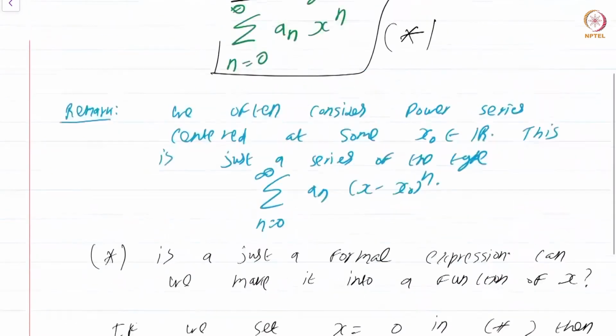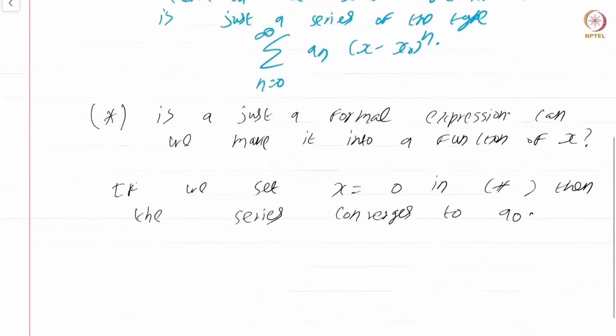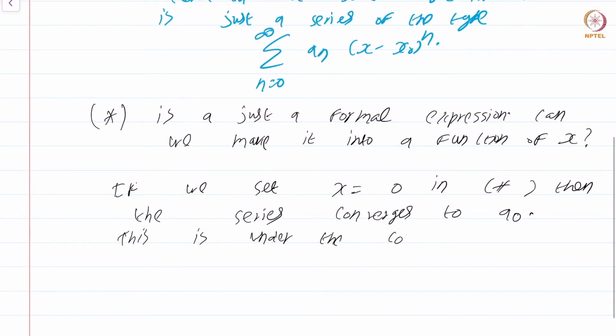Now, of course, if you look at this series carefully, and if you are the type of listener who is very, very eagle-eyed, you will notice that when I say that this series converges to a naught, I am making an assumption about 0 power 0. So I must write this is under the common convention that 0 power 0 is 1.